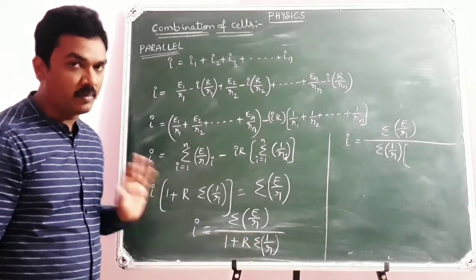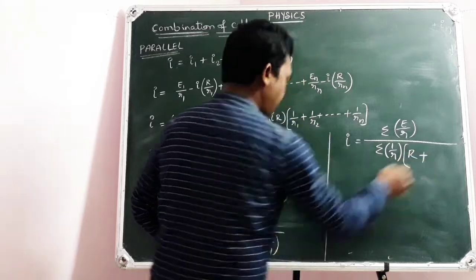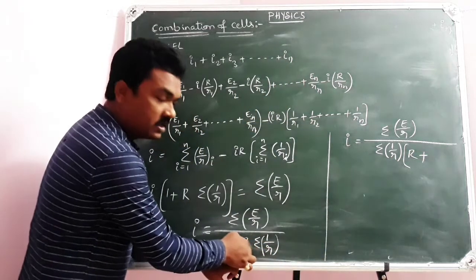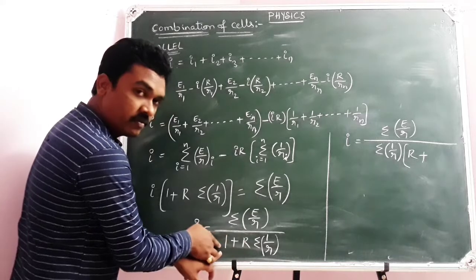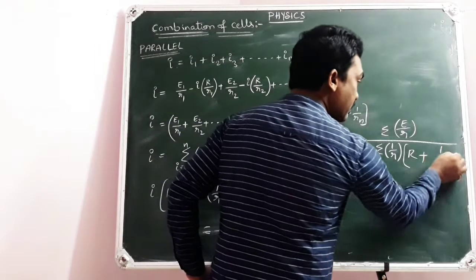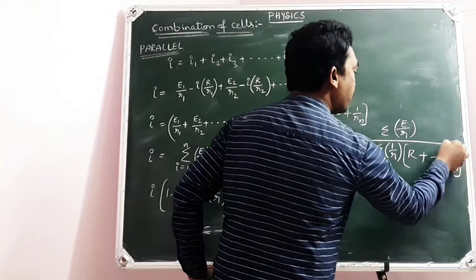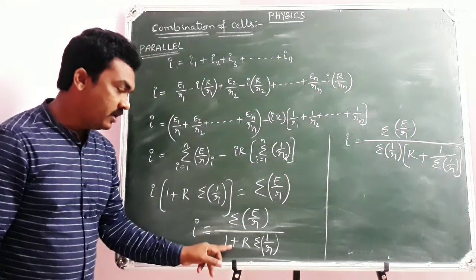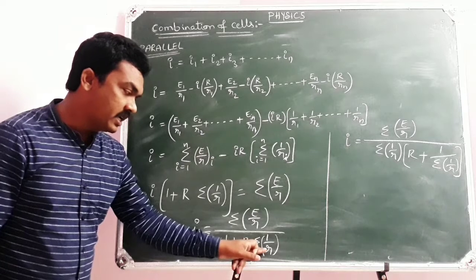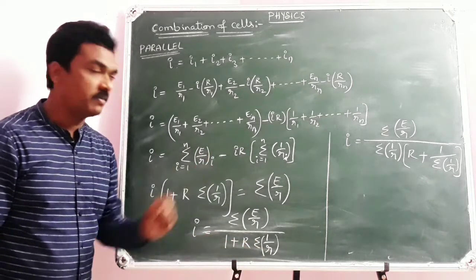Sigma of 1 by R common, then this term will be left as R, because sigma of 1 by R into R, when sigma of 1 by R is common, R will be left. Then here 1 by sigma of 1 by R. Hope this step is clear. If you have any doubt, you ask. Sigma of E by R by sigma of 1 by R taken as common. Then here R is left, here 1 by sigma of 1 by R.